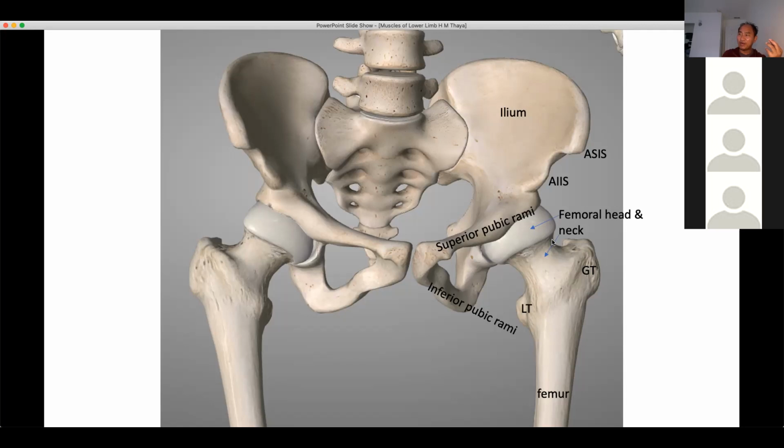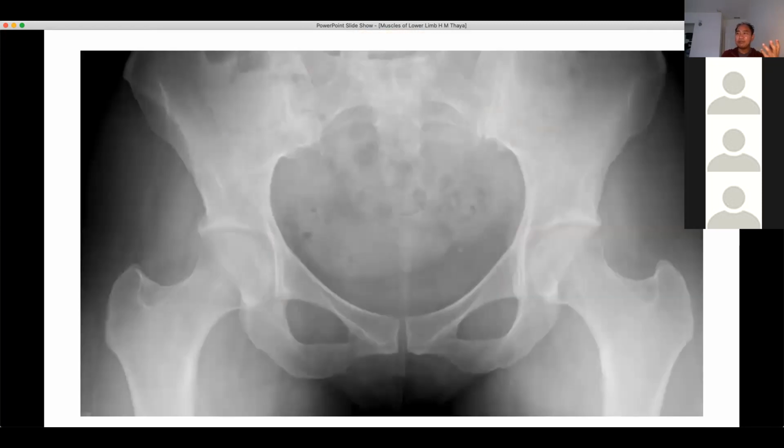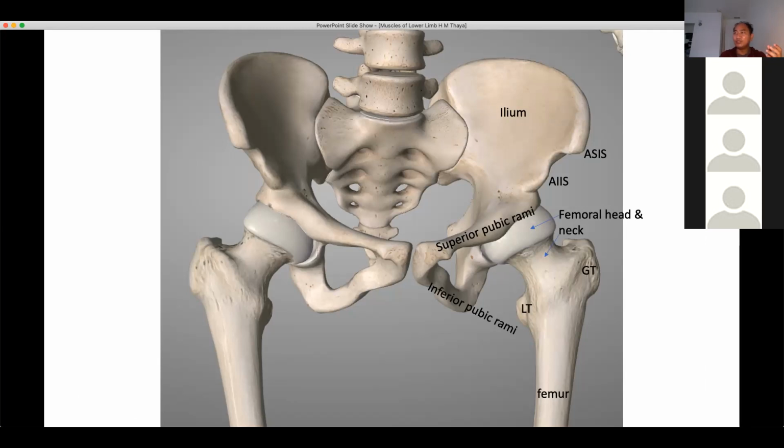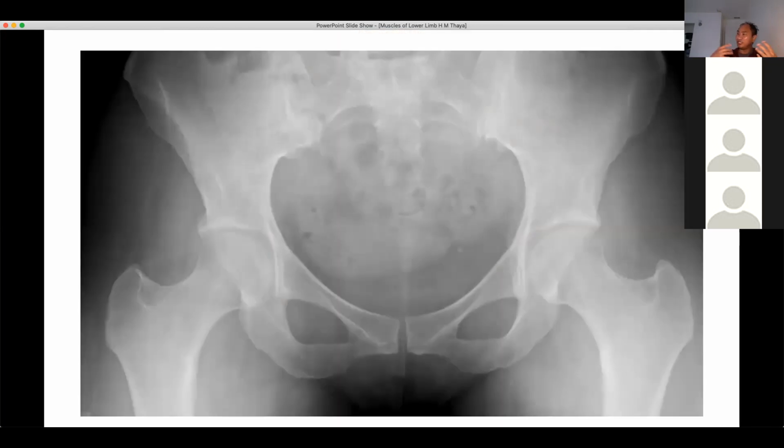This is the femoral neck here, and this is the rounded structure, the femoral head, and the anterior superior iliac spine and anterior inferior iliac spine. As I always say, the anterior superior iliac spine is so easy to feel on yourself, and I want you to feel it. Because if we know that anatomy, we know the radiology anatomy as well.